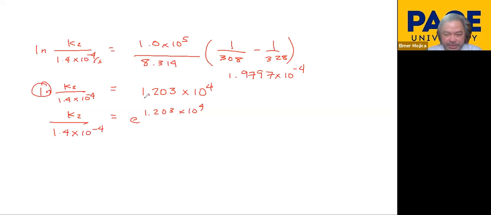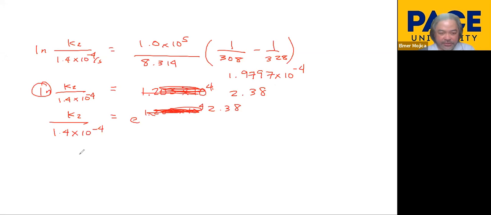I think I made some mistakes. I'll just try to make sure. Please do your own calculation also, just to be sure. 1 divided by 308 minus 1 divided by 328. Now I just have here 2.38. So I have to get E over that one.